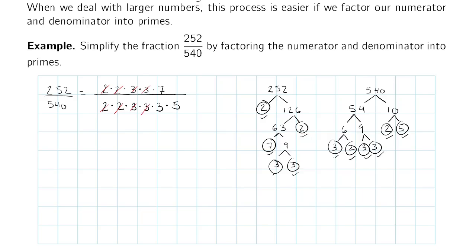And then I have a 7 in the numerator. In the denominator, I'm left with a 3 and a 5. So I'm left with 7 over 3 times 5, or 7 over 15. 252 over 540 simplifies to 7/15.